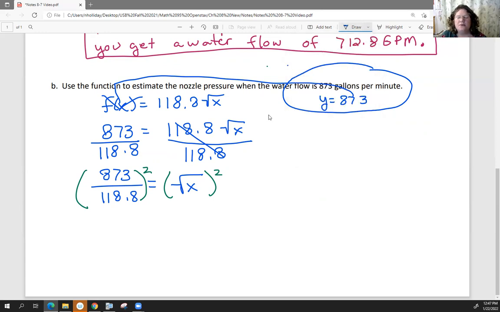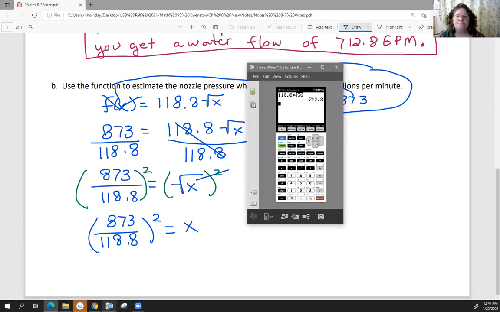And on this side, with our under times under rules, we'd get two x's, and so the x is going to break out. And on this side, we have 873 divided by 118.8, and we need to square that. Okay, so now we have the variable isolated by itself on one side and all numbers on this side, so we can go ahead and use our calculator again to drop that in.